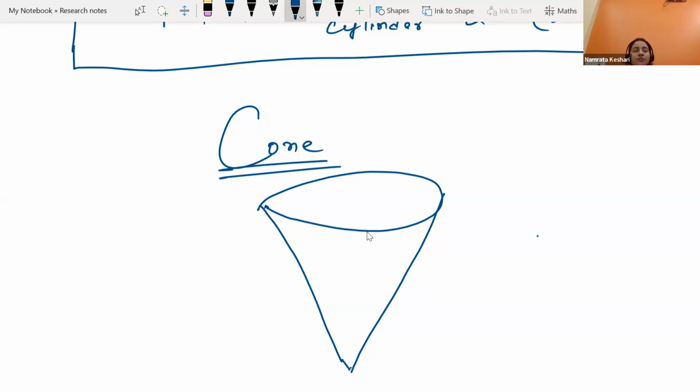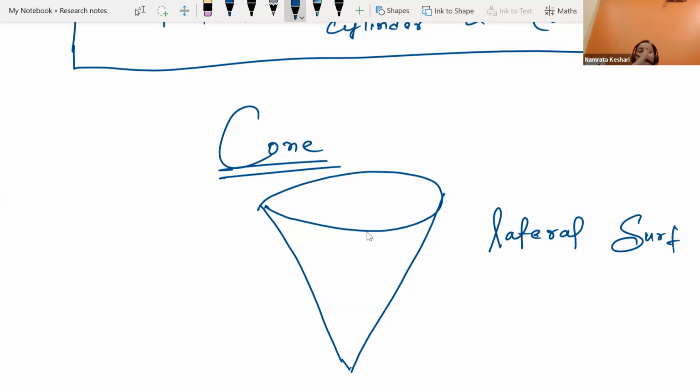Now what will be the surface area? When we are talking about the surface area of the cone, here also we'll be talking about the curved surface area and the total surface area. But here we'll be calling the curved surface area the lateral surface area. Basically, lateral surface area and curved surface area are the same thing.